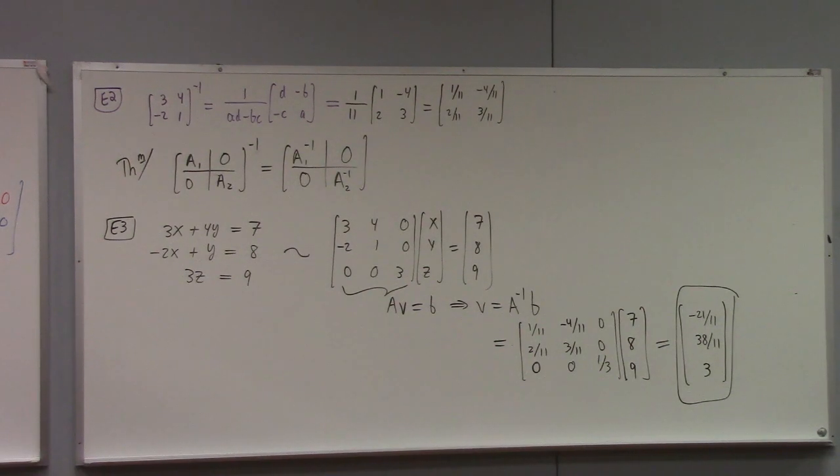This is an especially nice method if you're trying to solve all possible problems. Right? If I replace 7, 8, 9 with like A, B, C, this is a pretty nice method in that kind of problem. If you know the inverse matrix, then this is a pretty nice way to solve it. But what's the rub?